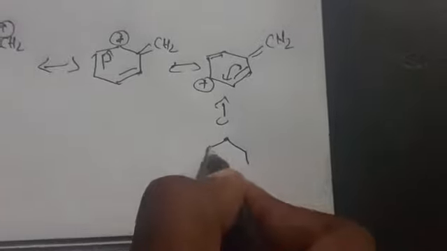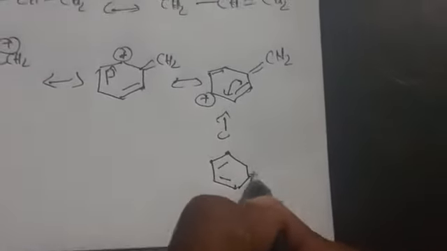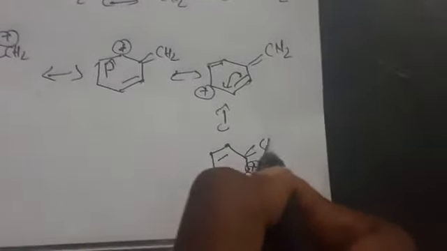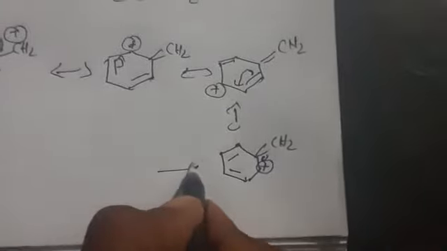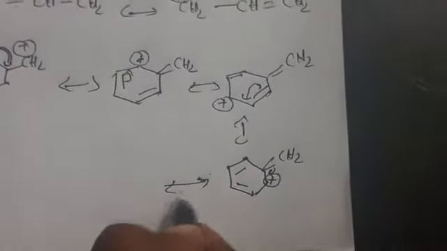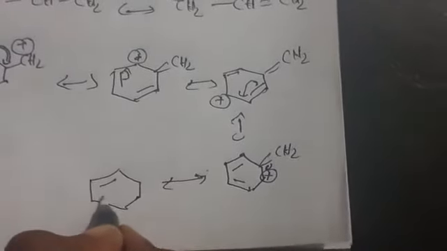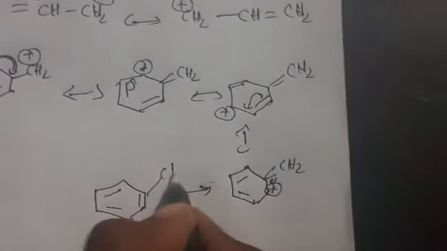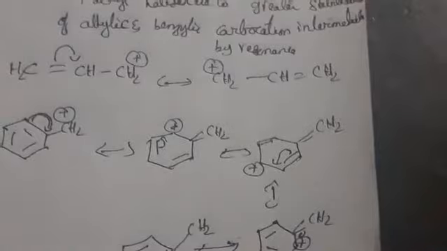If you turn the bond here, what happens? Okay, so this is the plus charge, double bond CH2. Again here one bond will come here. So you are going to get the structure like this. Because of these resonance structures only, we are having more stabilized products.